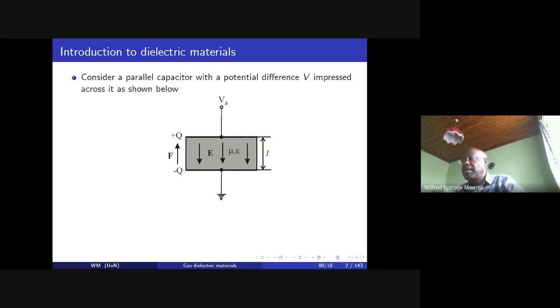What we'll realize is that positive charge and negative charge will be deposited on the two plates, and the Coulombic force of attraction between the charges on the plates will cause a force F to be exerted onto the dielectric itself. And this force F is, from Coulomb's law, proportional to the distance between the charge separation squared.